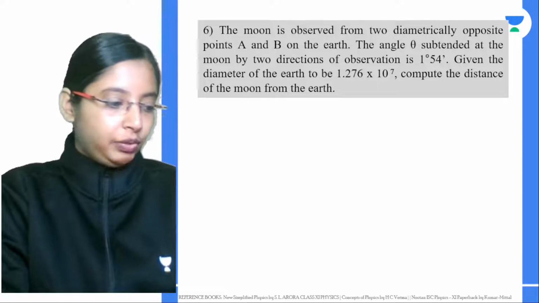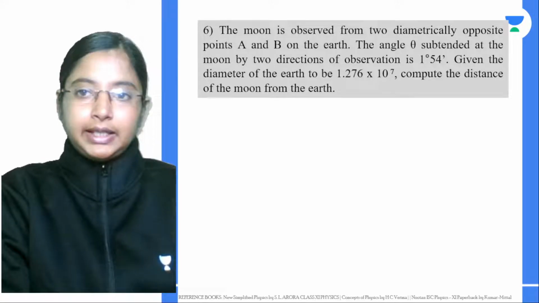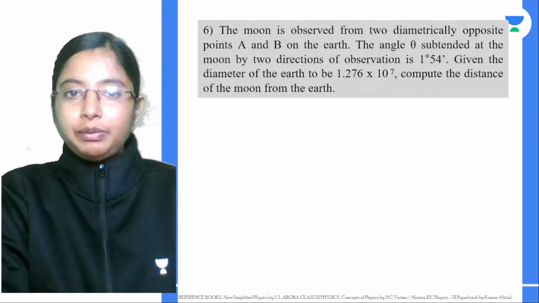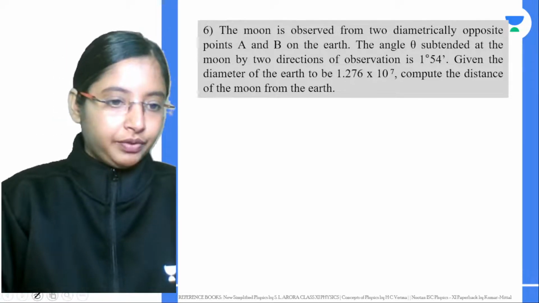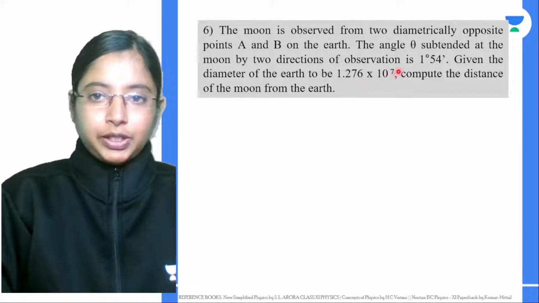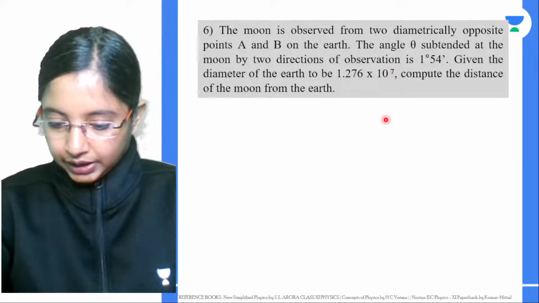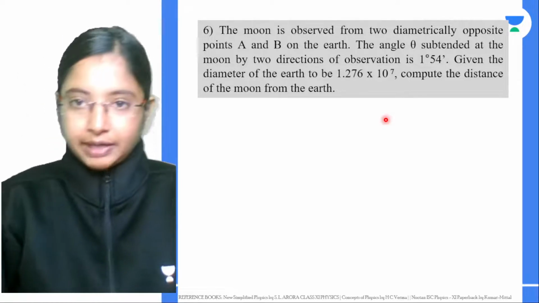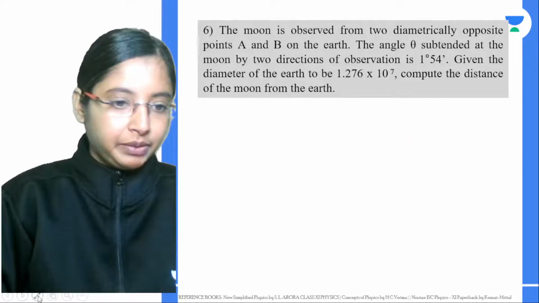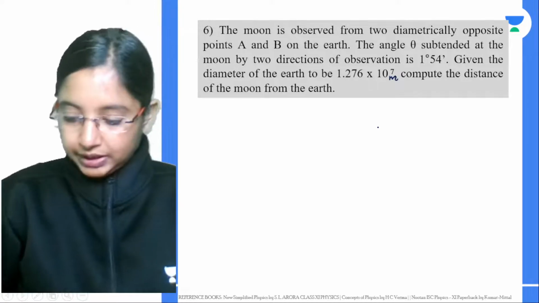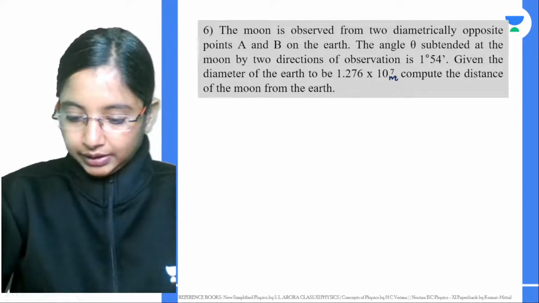Now what is the diameter of the moon, given the diameter of the earth to be 1.276 into 10 to the power of 7 meters? We are going to compute the distance to the moon. That's what we are going to find.